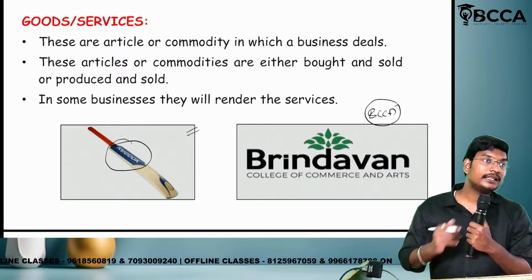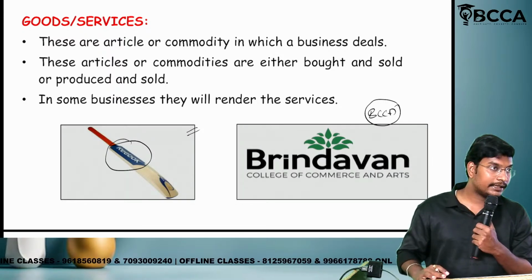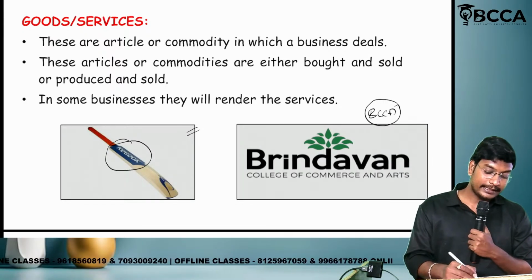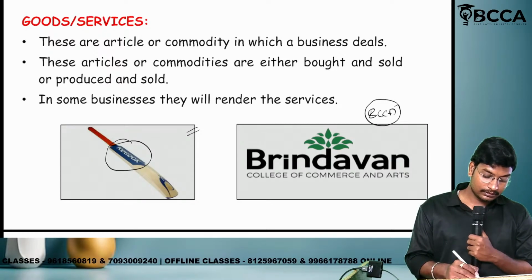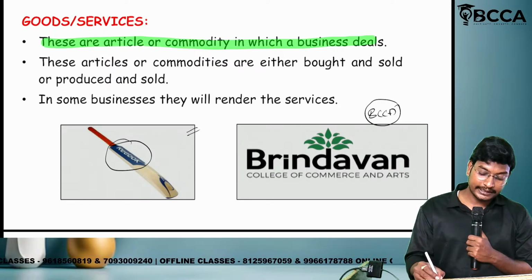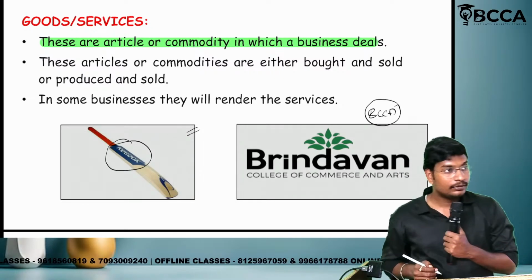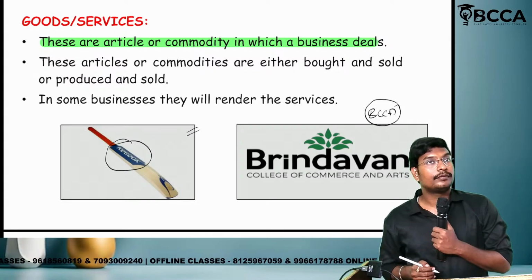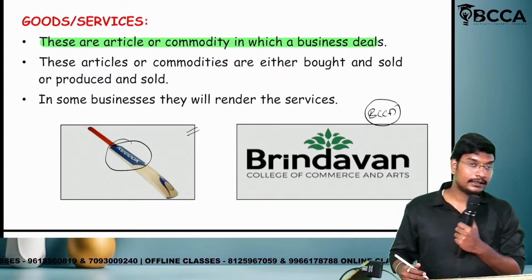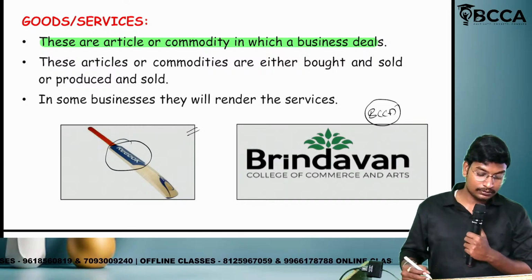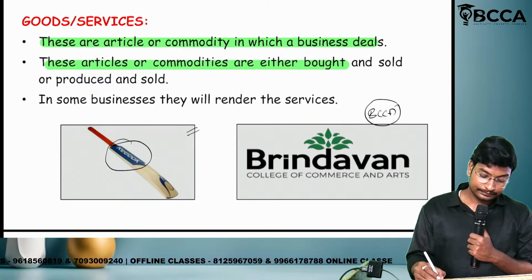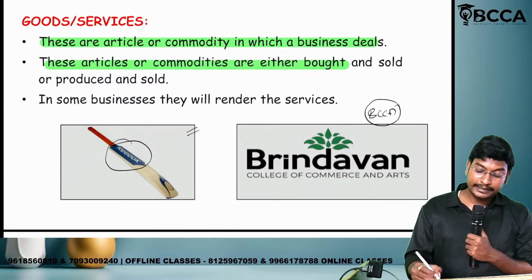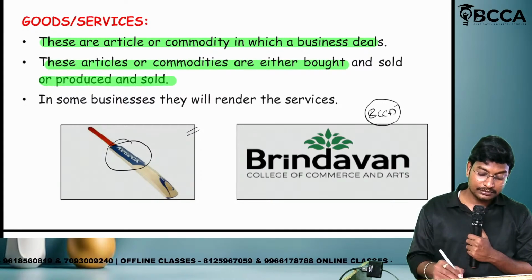A place where goods are exchanged or services are rendered. Goods are the articles or commodities in which the business deals. The items they deal in are called goods. These are articles or commodities that are either bought and sold or produced and sold.